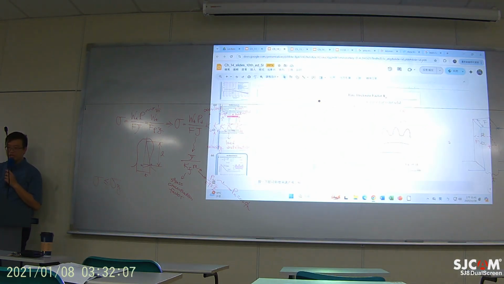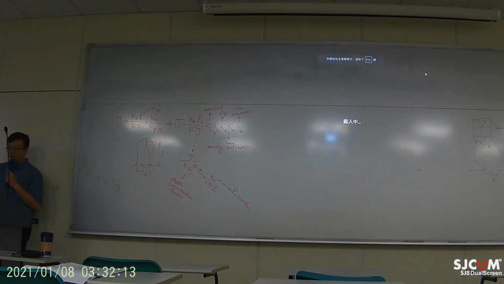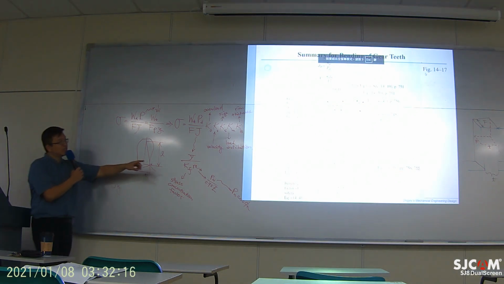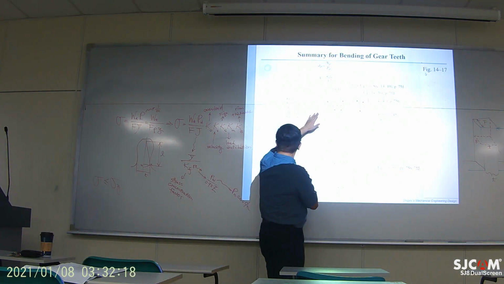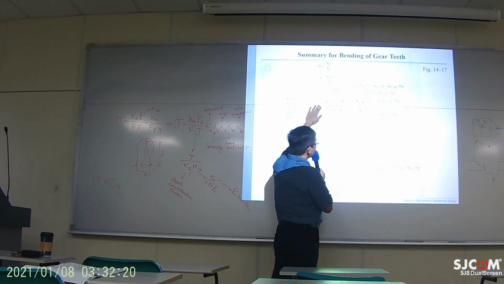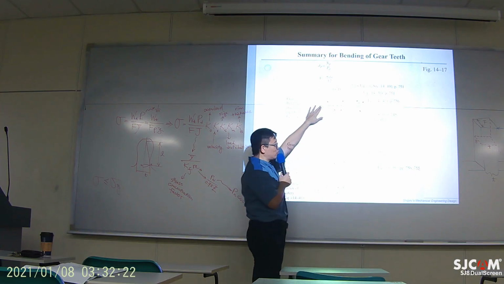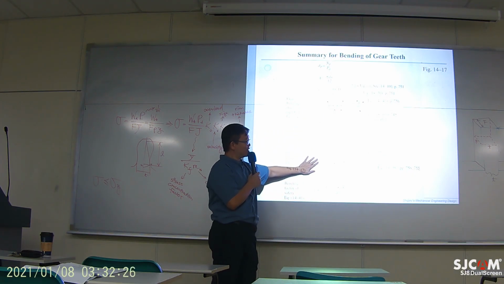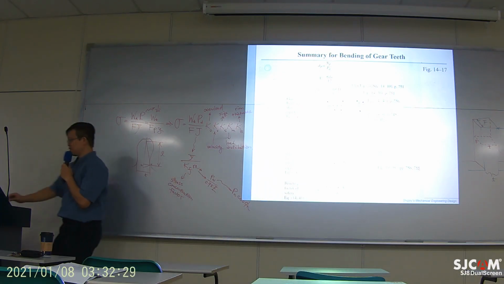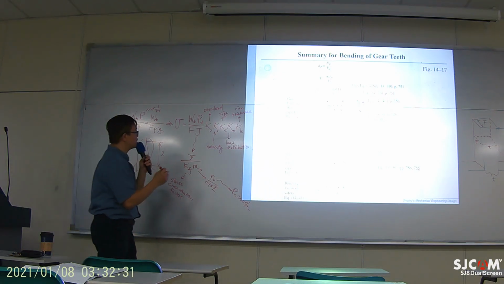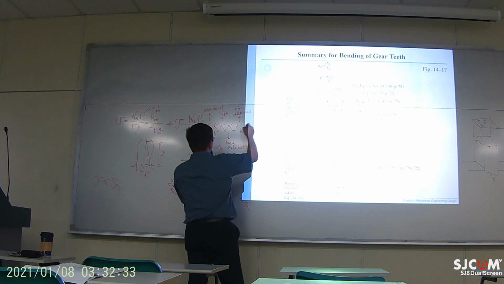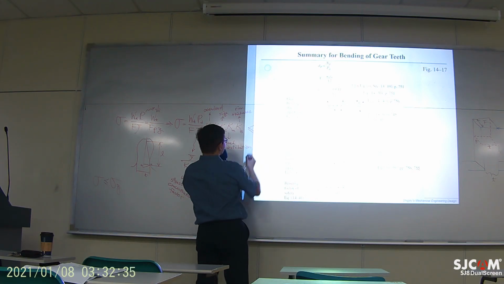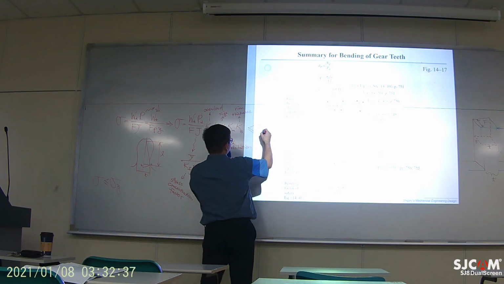So if we take a look at the final equation right here, it's telling us this value, basically what I'm showing you here, has to be smaller than or equal to this value. So this is actually the limit, okay? So this whole thing has to be smaller than some limit.